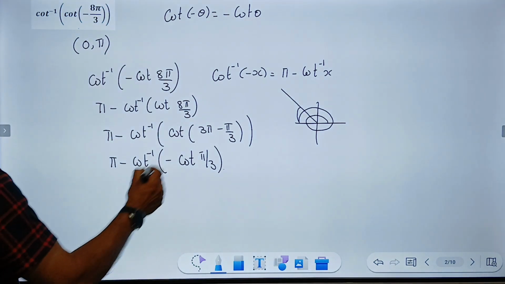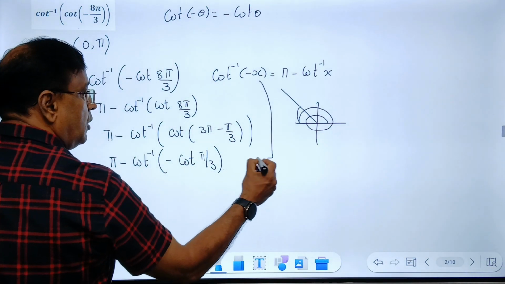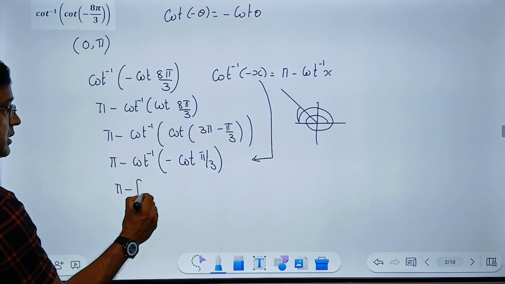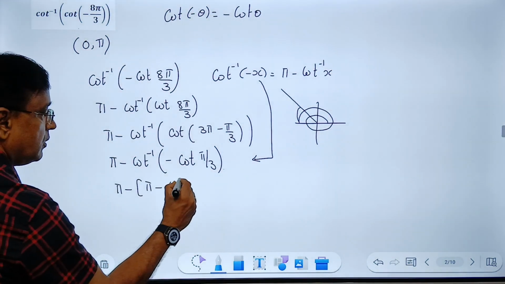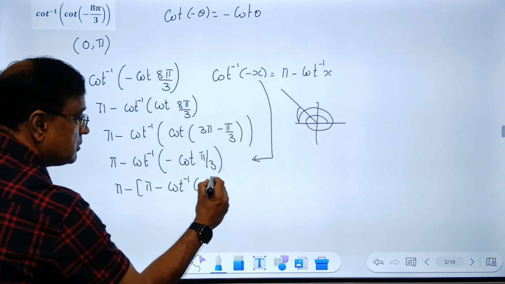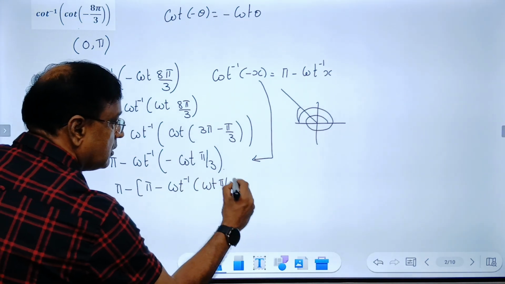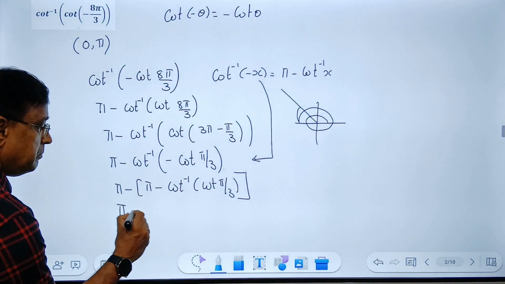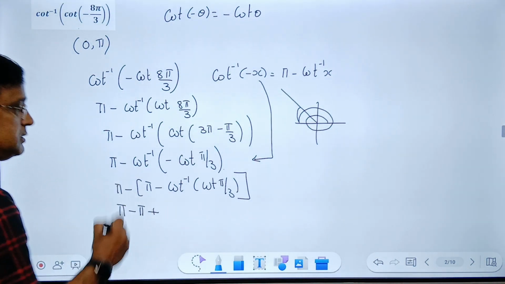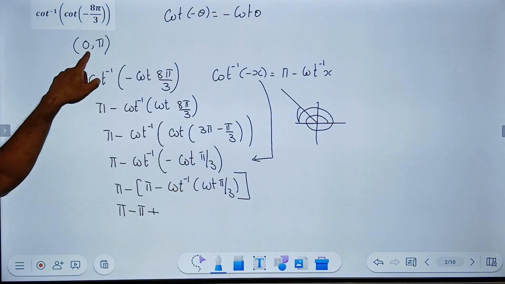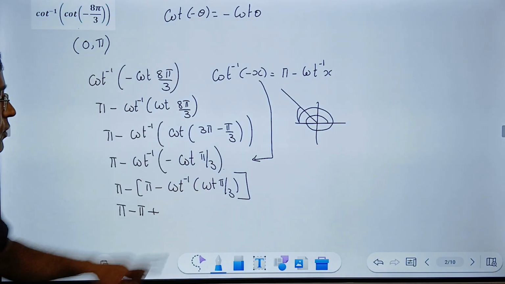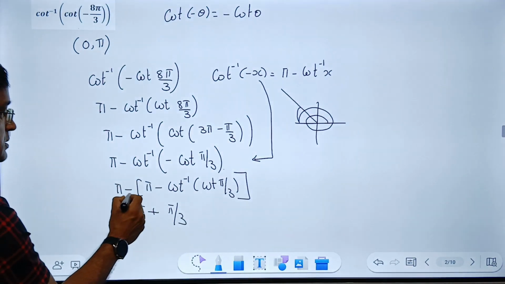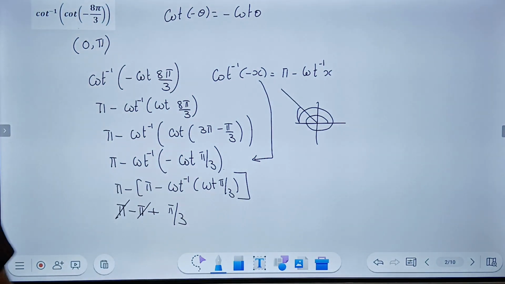Now, once again, I use this result: cot inverse of minus x is pi minus cot inverse of x. Now this is pi minus, and pi by 3 lies in the principal range. So cot inverse of cot pi by 3 is pi by 3. Minus into minus is plus. So the answer is pi by 3.